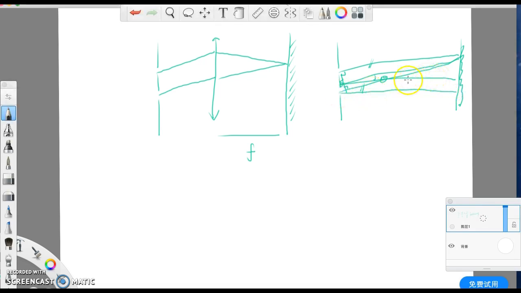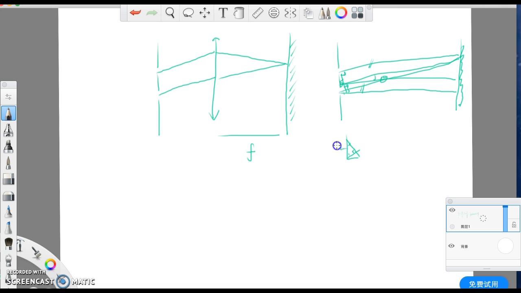Because these two angles are both 90 degrees, you have a 90 degree angle here, and this angle is equal to this angle. If you zoom in, because this angle is 90 degrees, this angle plus this angle is 90 degrees, and this angle plus this angle is 90 degrees, so this angle is equal to that angle.